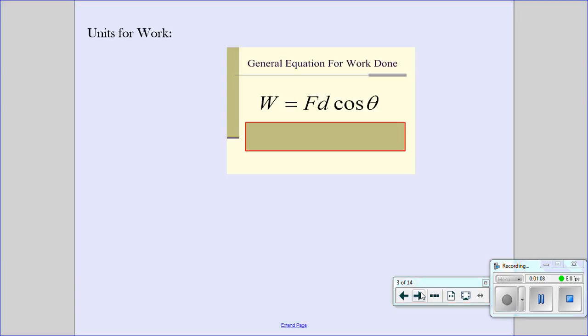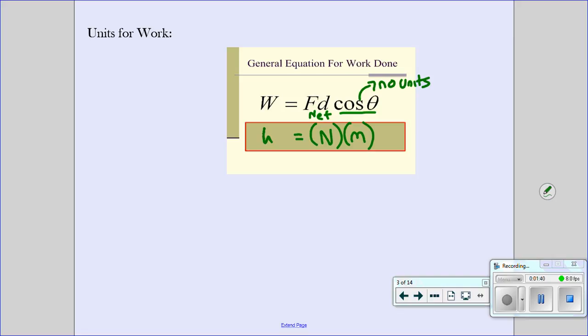Let's derive the units for work. So we know that this is net force, and net force is measured in newtons. Distance is measured in meters, and the cosine of an angle has no units. The units are degrees, but that's not a measuring unit in terms of force or distance, so we're not going to take those into consideration.